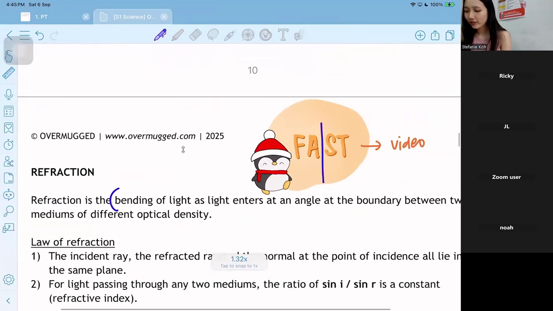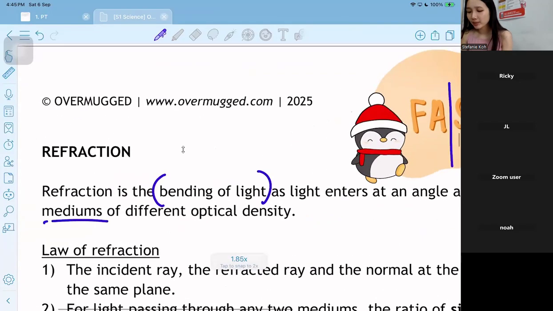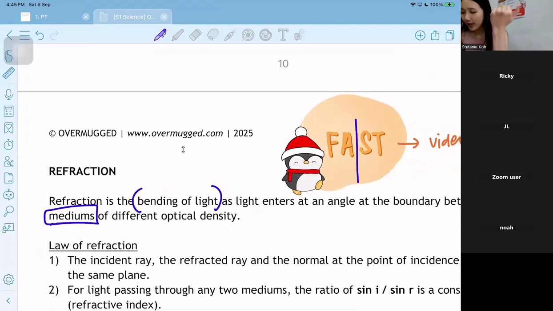We are looking at the bending of light. We know that light travels in a straight line. This is what you learn in primary school, correct? But when you are going into different mediums, different materials, the light will bend differently. It no longer travels in that straight line. So how does it bend?